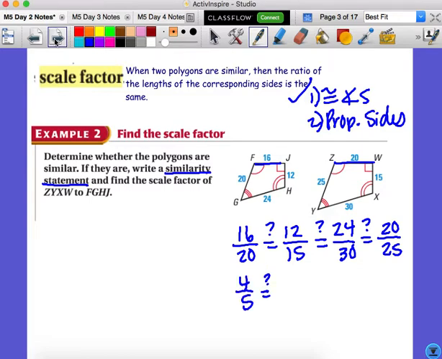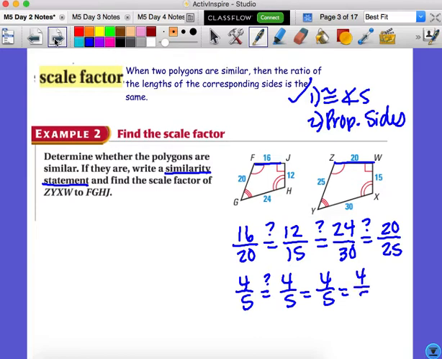The next one, 12 over 15, simplifies to 4 over 5. So far we're looking good. 24 over 30 simplifies to 4 over 5. Still looking good. And last but not least, 20 over 25 simplifies to 4 over 5.